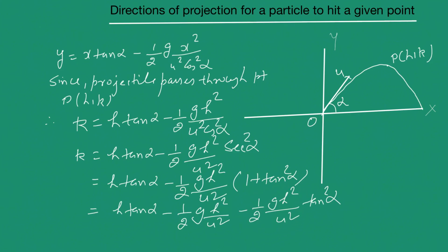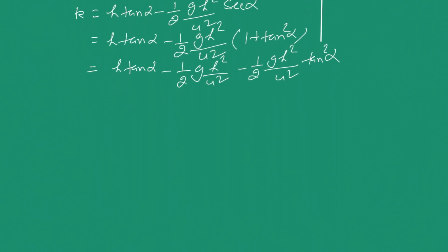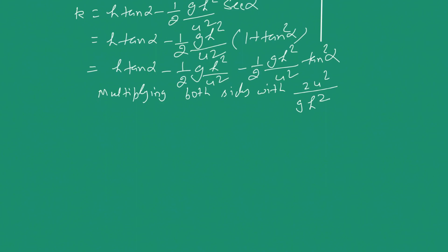I need to multiply both sides by 2u square by g h square, and you may include a minus sign so as to make this coefficient unity.